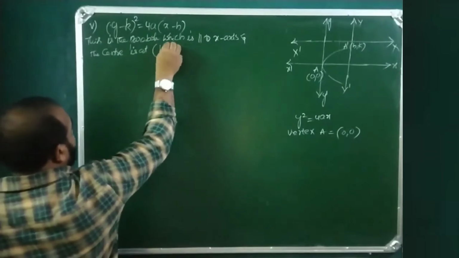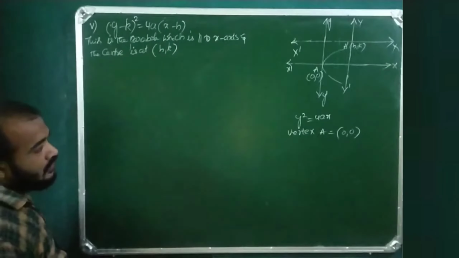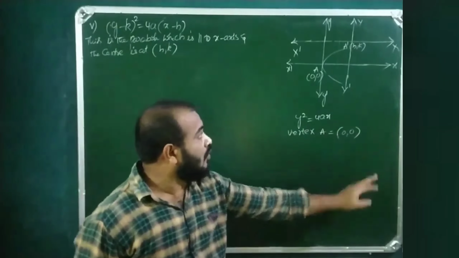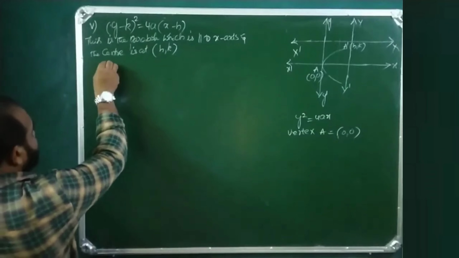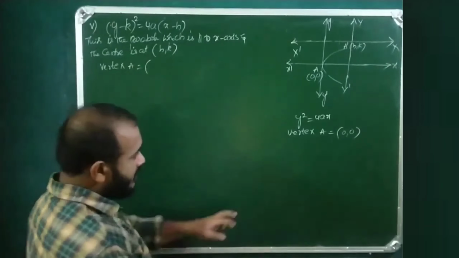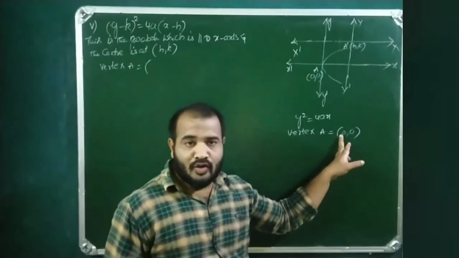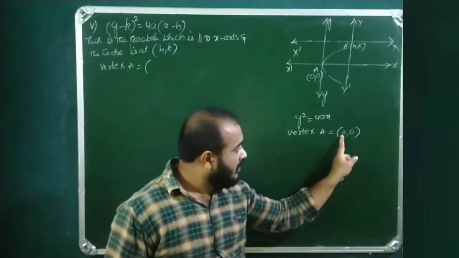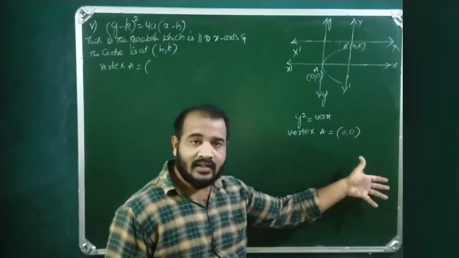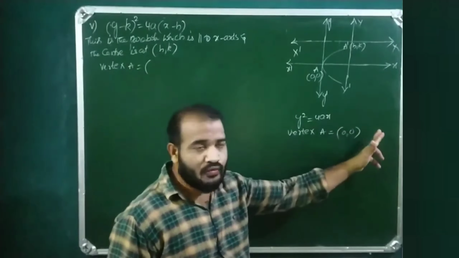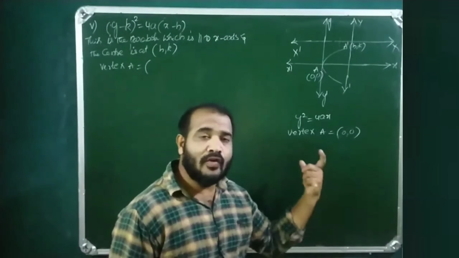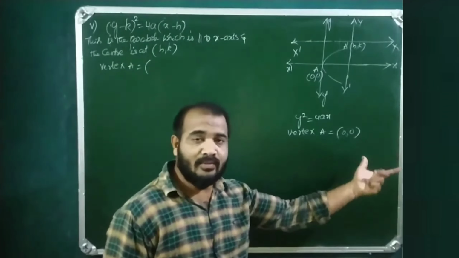Let us suppose this to be h comma k. So for y square equals 4ax, vertex A is 0 0. Just bear in your mind that whatever the things that we had for y square equals 4ax, to the x coordinate h will be added, to the y coordinate k will be added.